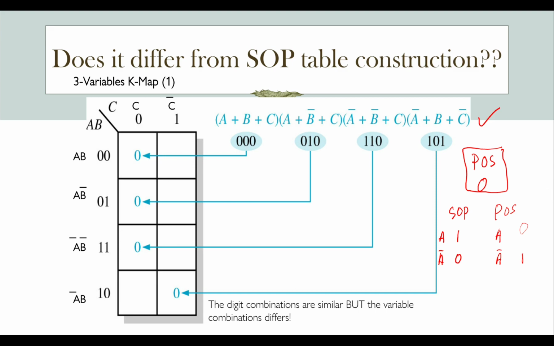Okay, this K-map is 3 variable. So you've got 0 0 0, 0 1 0. A bar is 1, B bar is 1, C is 0.